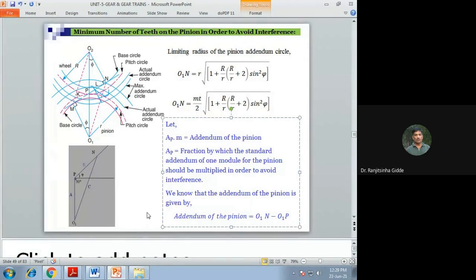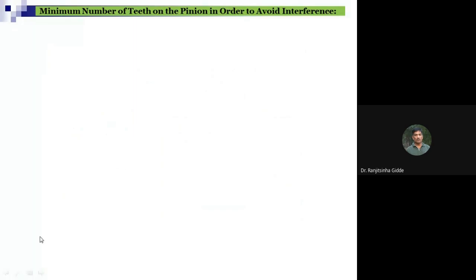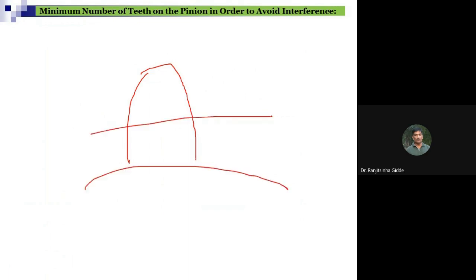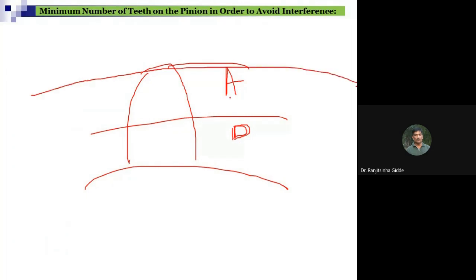Okay. Now, what is the addendum of the pinion? Once again, I will show the slide. So, this is the tooth. This is nothing but addendum. This is nothing but dedendum. So, this is the addendum circle and this one is the pitch circle.